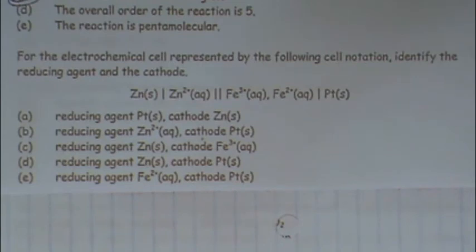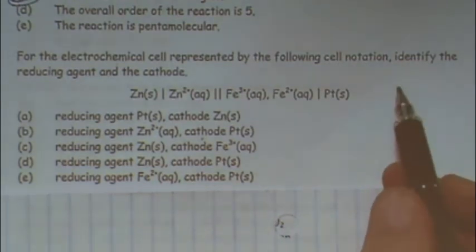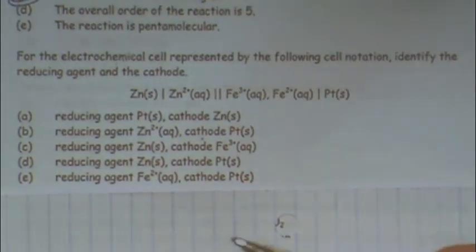So, let's do it together. What's the process of thinking to do this problem? Identify the reducing agent. The reducing agent will reduce something, and therefore itself will be oxidized. Oxidized means that the oxidation number will increase.